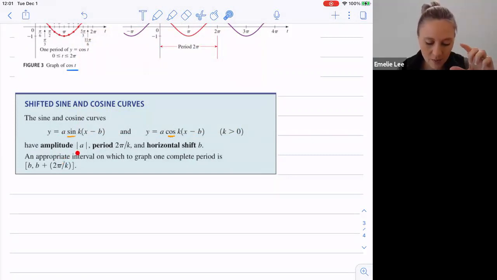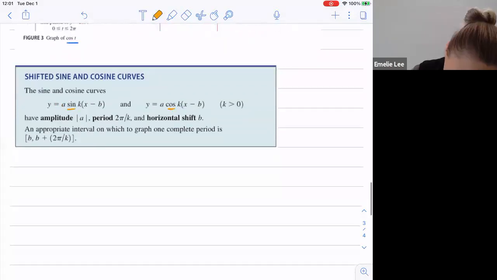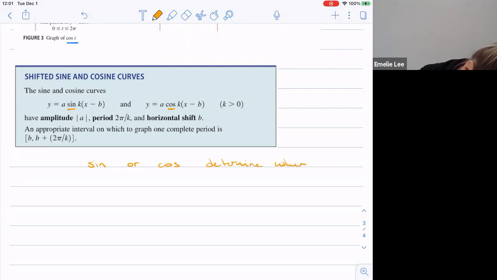So what we learned here is that the amplitude, remember the amplitude is the height of one of these bumps, the amplitude is the absolute value of A. So A gets pulled, depending on if you've got a sine curve or a cosine curve, that's just going to determine where your starting point is, right? So sine or cos determine where your starting point is.